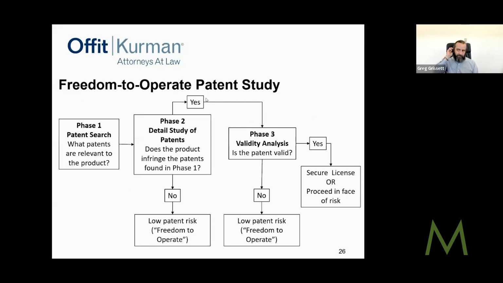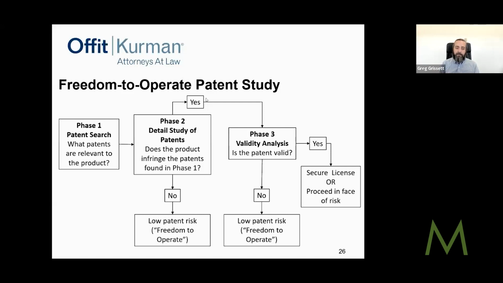Now, how do we do this? This is a simple flow chart. The way I look at this, phase one is your patent search, and I would look at the patent search broadly. It doesn't necessarily have to be that you've hired a third party to identify the patents. It could be patents that you know about on your own.